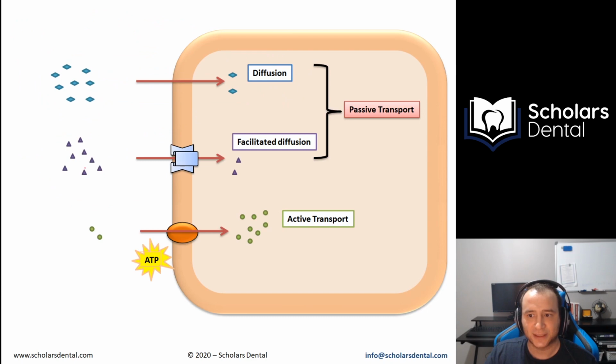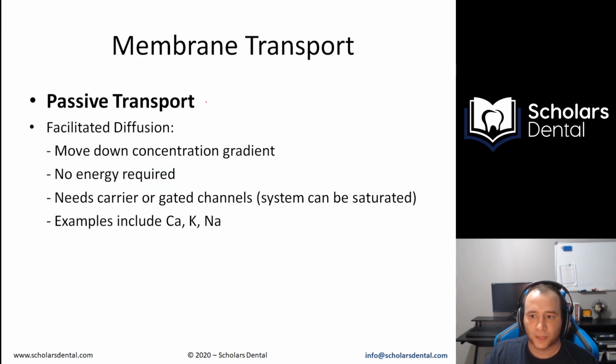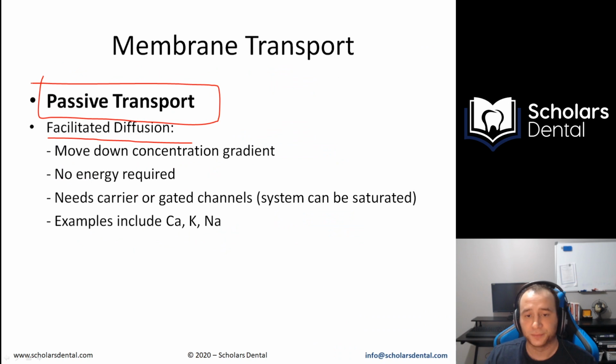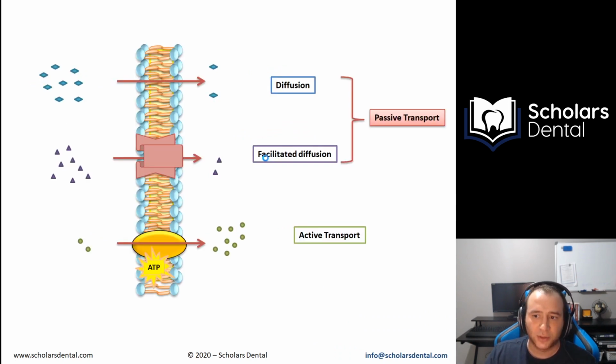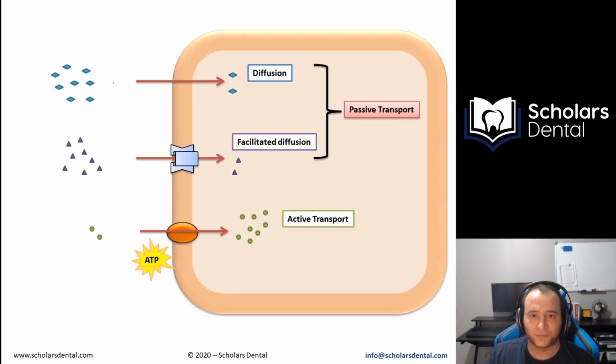Now let's compare that to facilitated diffusion. Facilitated diffusion is still under passive transport because there's no energy used. What does that mean? It's using the concentration gradient. I have two images I drew for you, so let's just use one of them for now.